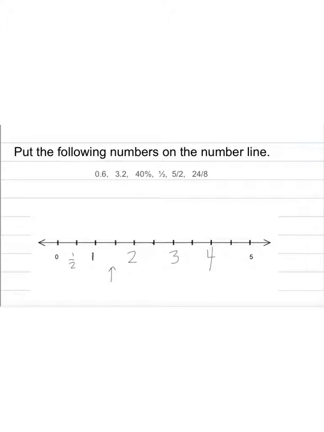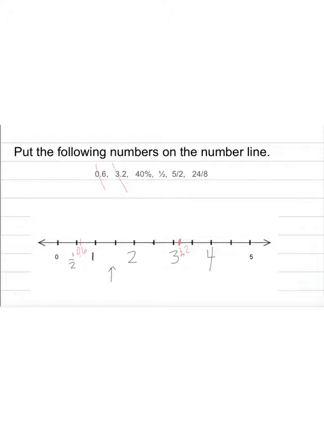So 0.6 or 6/10, well 0.5 is 1/2. So 6/10 would be about right here. And we'll label that 6/10. 3 2/10. So 2/10 is less than half because 5/10 is half. So 3 2/10 is going to be a little bit closer to 3. So 3.2 we'll put right there.